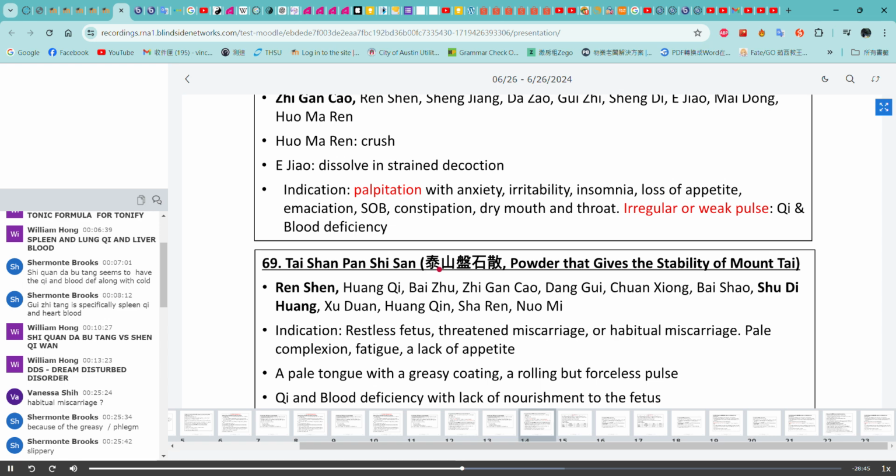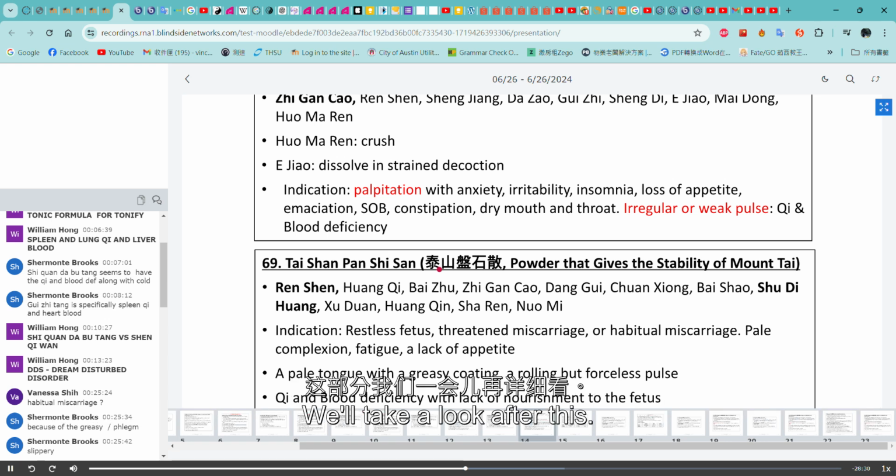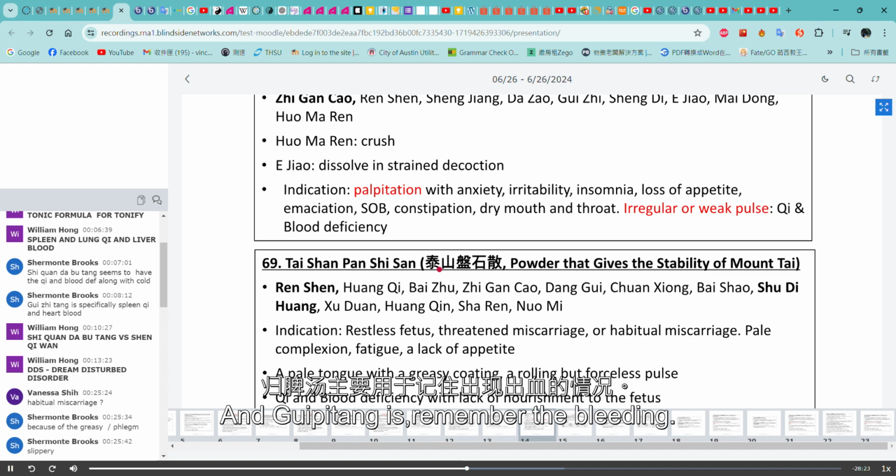So Bazhen Tang, and then if you see any score. Shiquan Dabutang, you have to differentiate between the yang deficiency of Jingui Shenqi Wan or Shenqi. What is the difference? We'll take a look after this. And Guipi Tang is, remember, the bleeding.